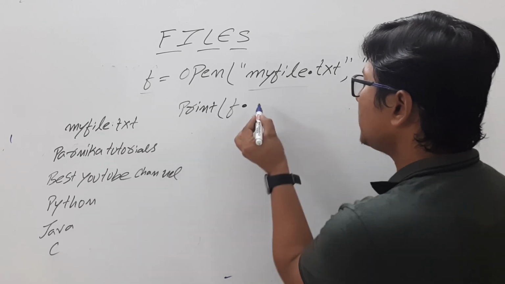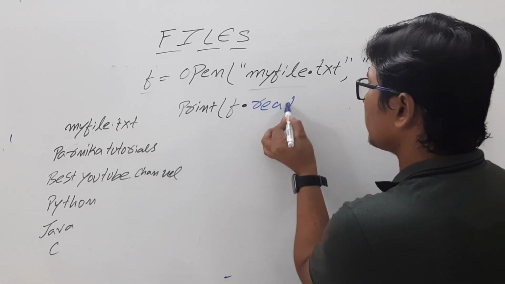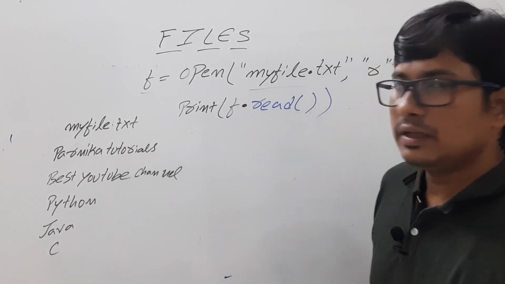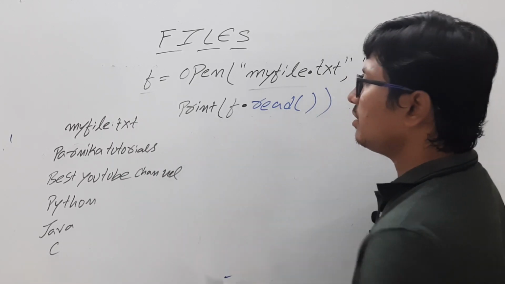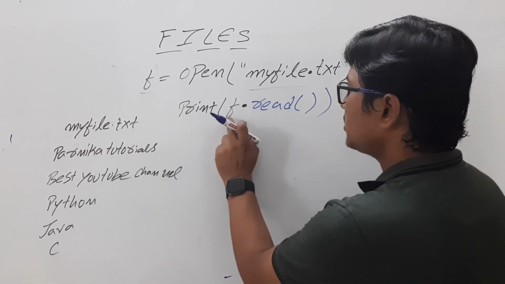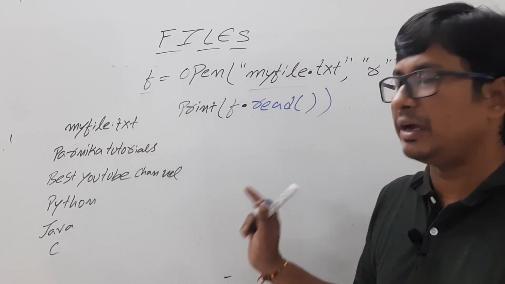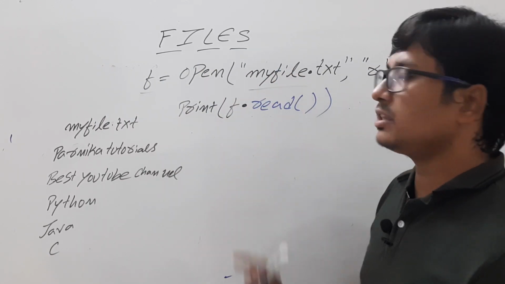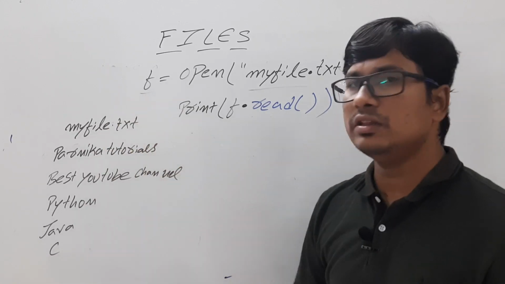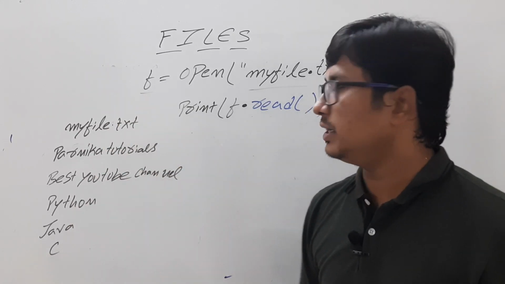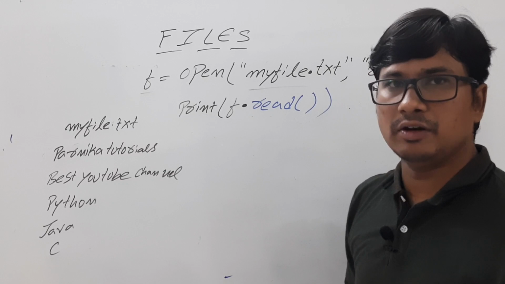Then you want to read it, so you can use a method called read. So whatever information is there in myfile.txt, all the information will be displayed. So this is about the read operation.